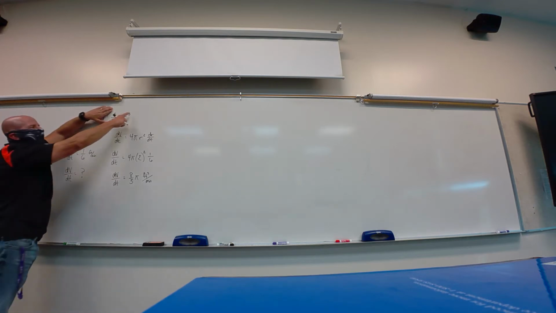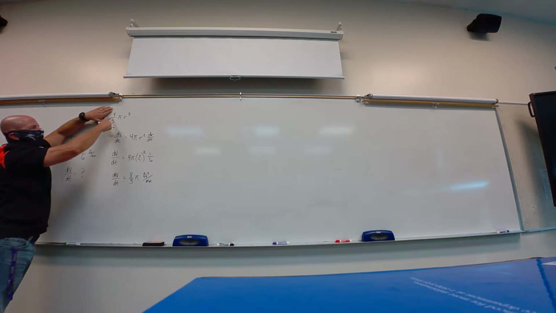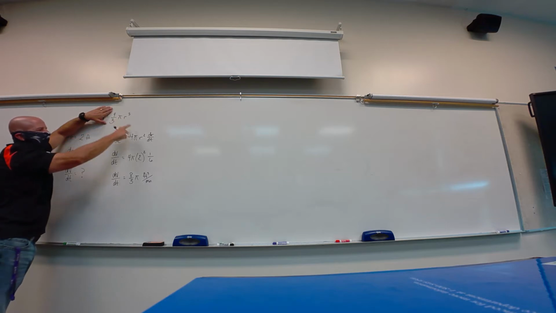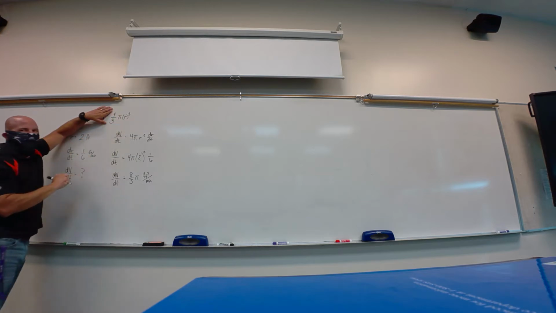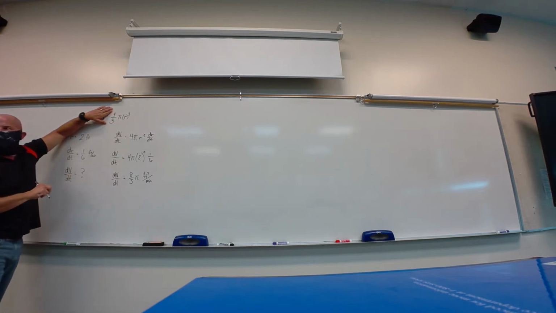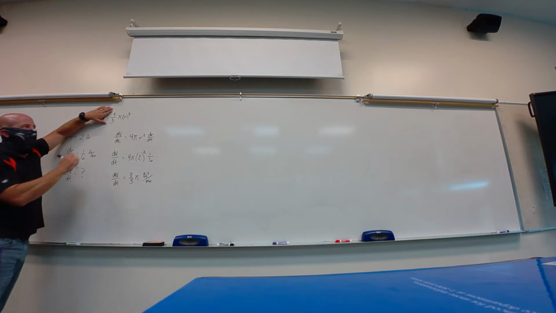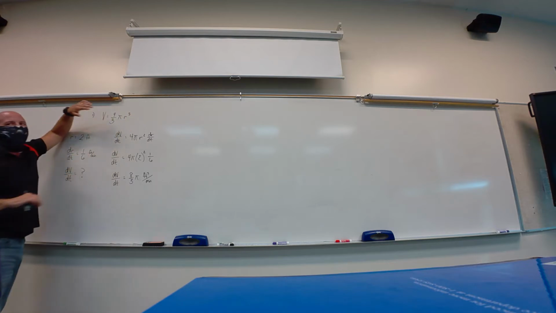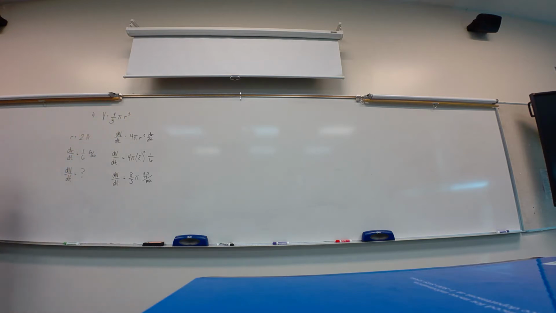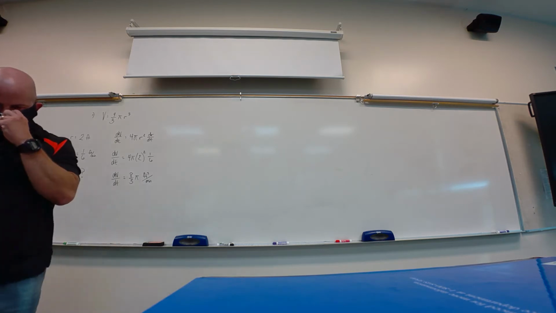So 3 comes down. Cancels with the third, and I'm left with 4 pi r squared times the derivative of this inside, which is dr dt. Everyone okay there? We're getting some different looks now for sure, but no new derivative rules. Different looks. Let's look at the second one.